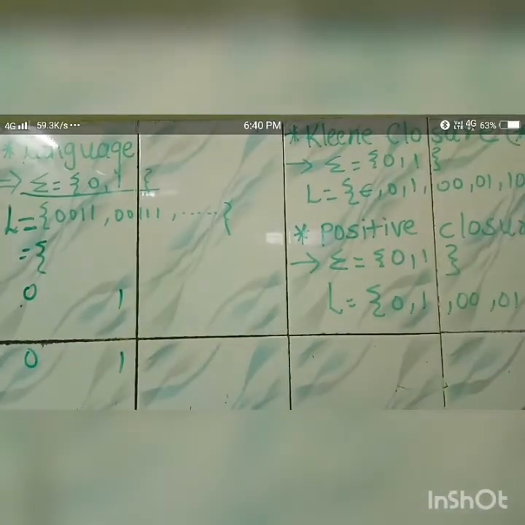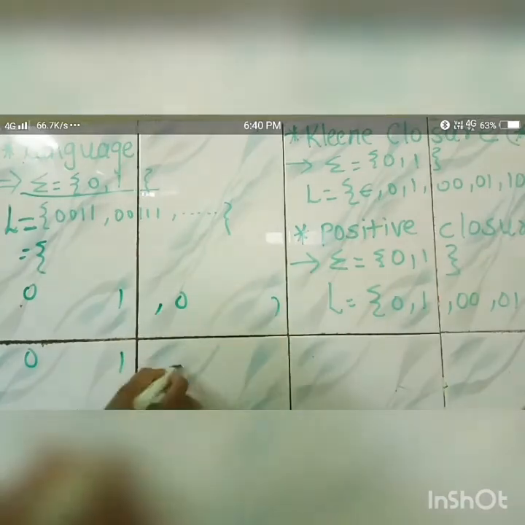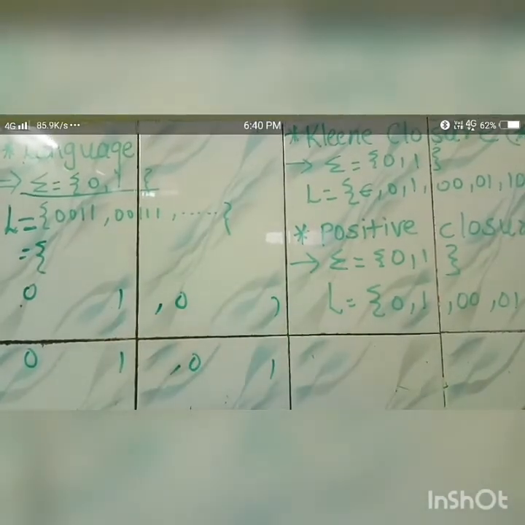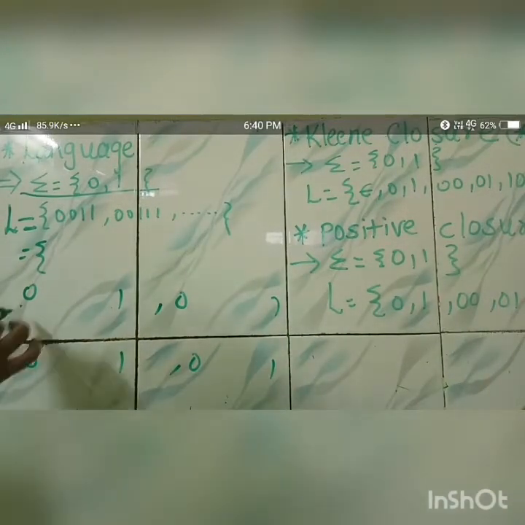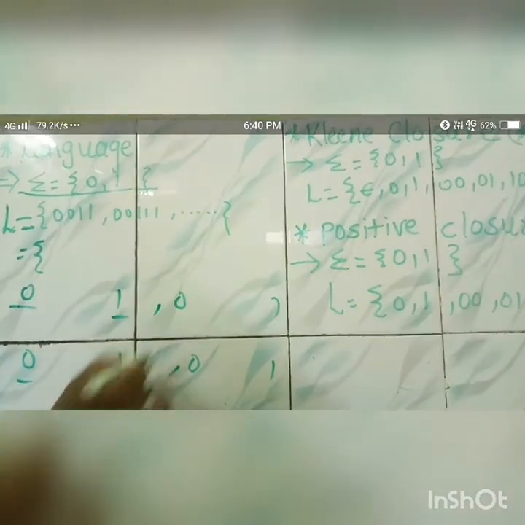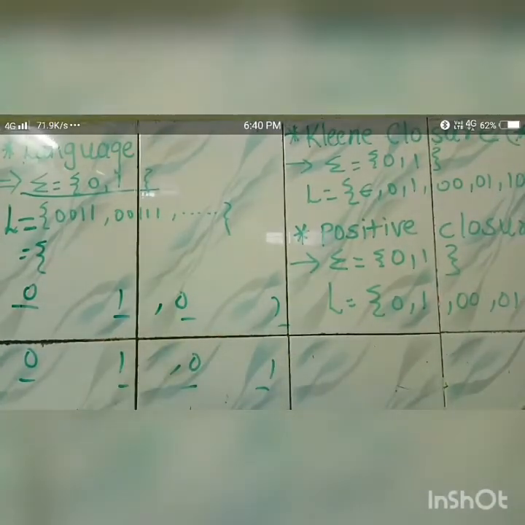Now we will make combinations of these with different mechanisms. Means you have to compulsorily place 0 and 1 at the start and end. Then you have different choices to insert different combinations of 0 and 1 on your own.